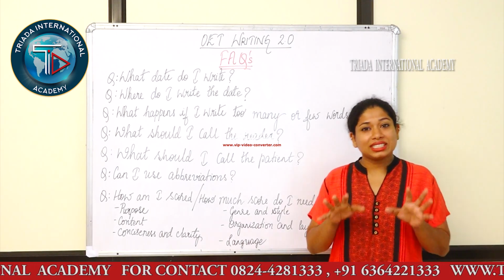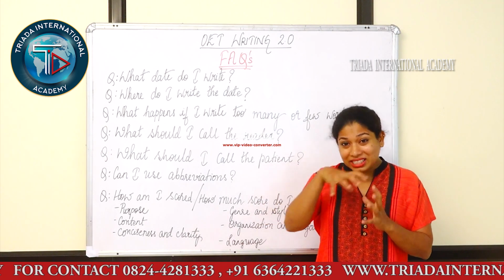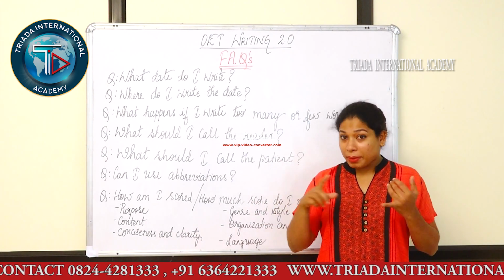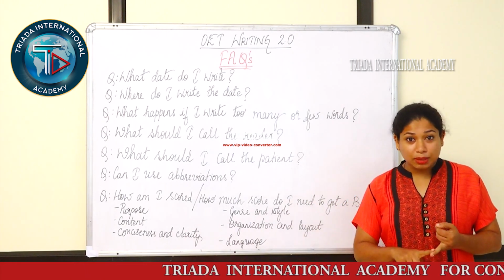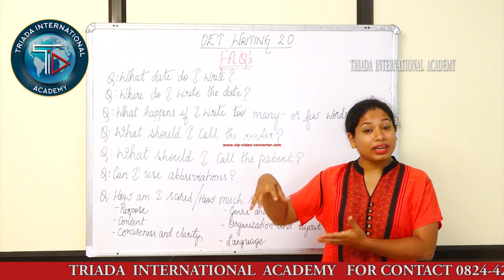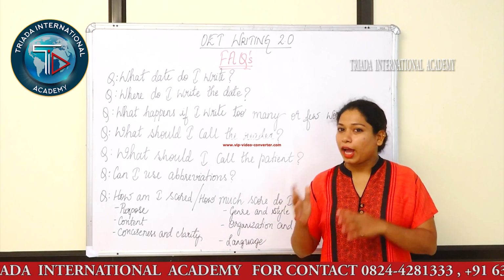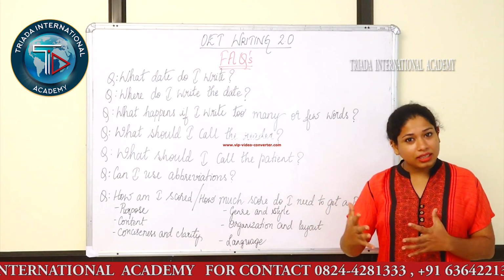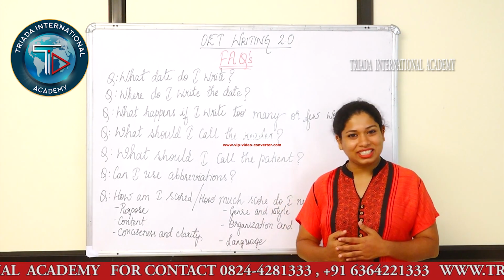But whatever the 6 criteria may be, they revolve around three important components: to whom you are writing, that is the profession; the purpose, in which situation you are writing the letter; and whether the patient is a known or an unknown client. Regarding this, we will have another video where we will explain everything in detail.